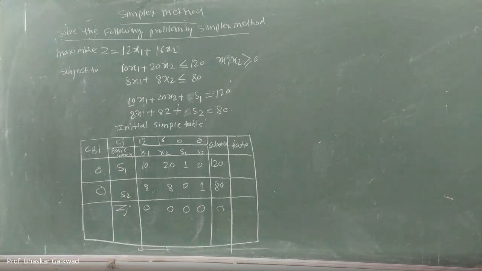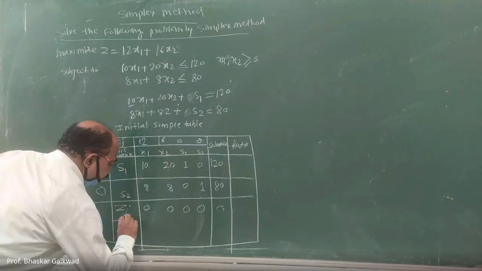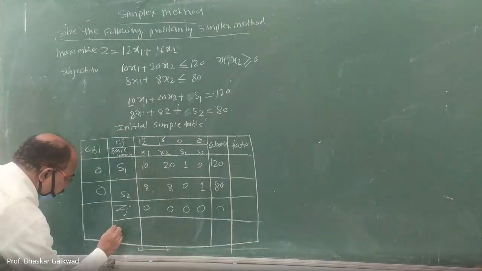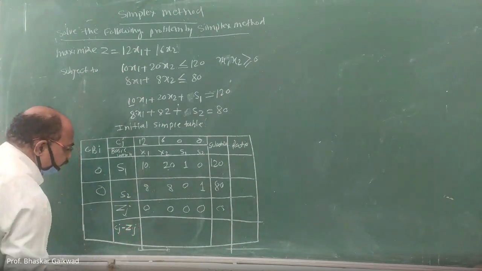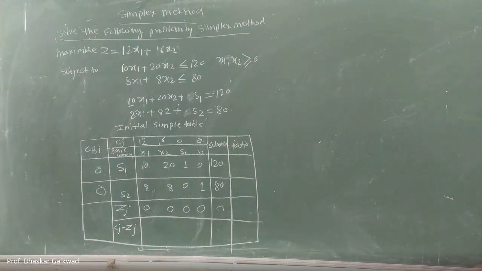Okay. After this, you have to calculate Cj minus Zj. How to calculate it?